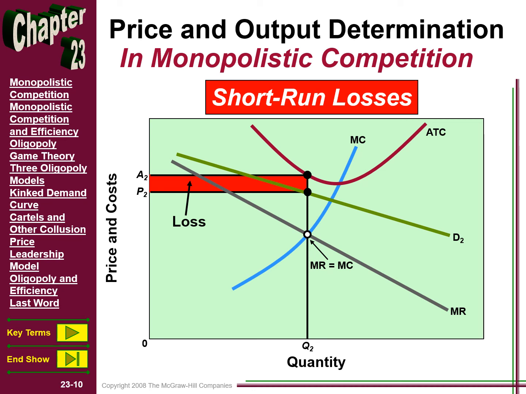MR equals MC tells the firm the quantity Q star to produce, in this case Q2. They will set the price where Q2 equals demand, at P2. Unfortunately, P2 is below average total cost 2, so this firm is suffering a short-run loss.